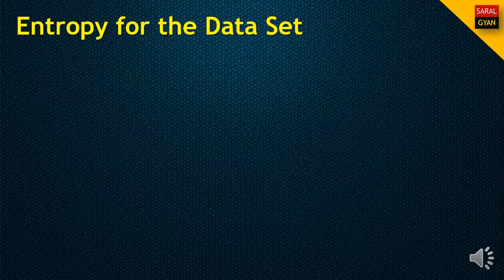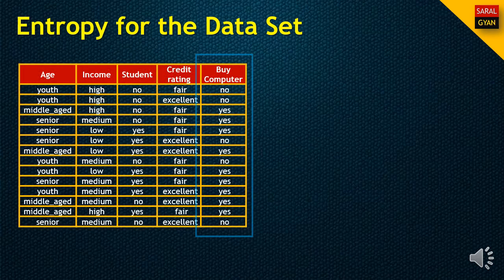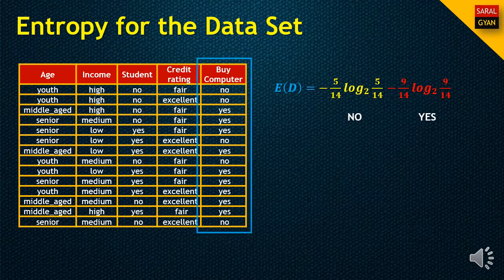So first of all we'll calculate the entropy for the data set. This is our data set, and entropy will be calculated on the basis of the label attribute. In this label data we can see there are 14 tuples, out of which 5 tuples are carrying no and 9 tuples are carrying yes.